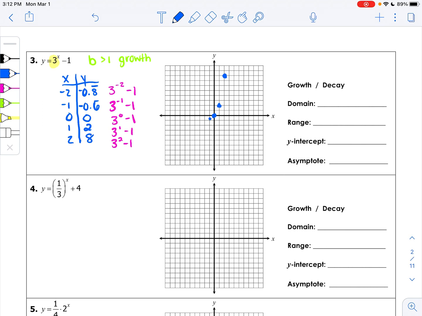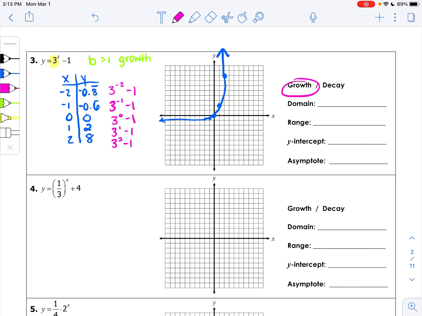And then over to -2 and down to almost -3, but not quite. And then graphing it, we can see, remember you read a graph from left to right, so we can see going from left to right, it's moving upward, which makes it a growth.